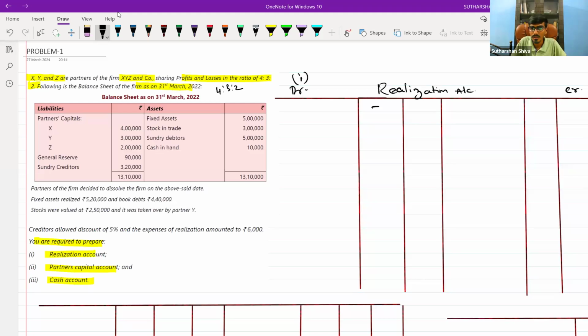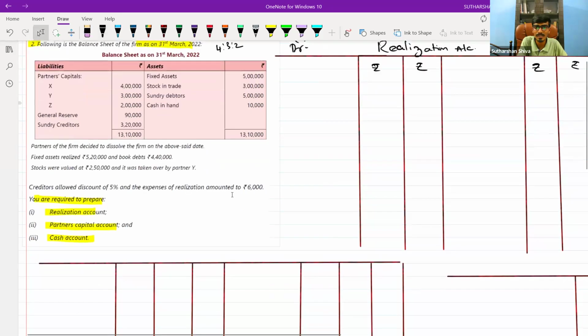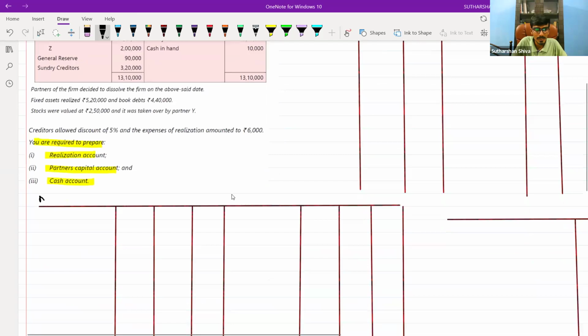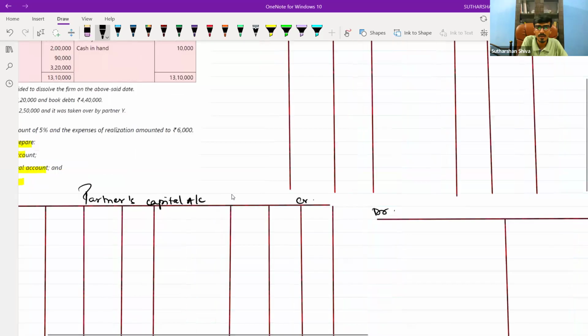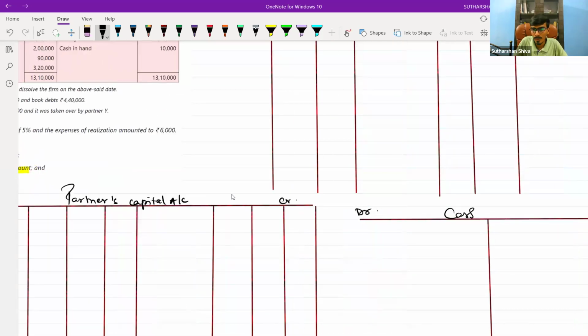Realization account: you will open the rupees column as it is, because at the time of bifurcation we may run short of space. Then the second one will be your partners' capital account, and third, you will prepare the cash account.